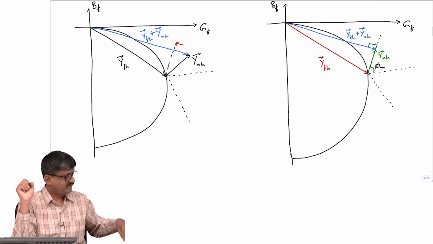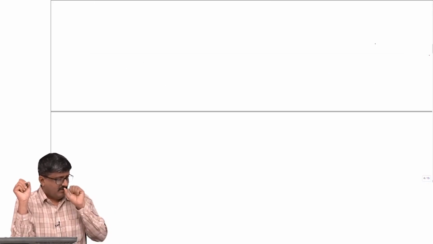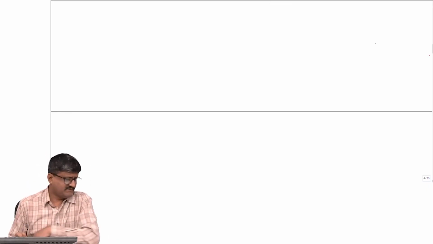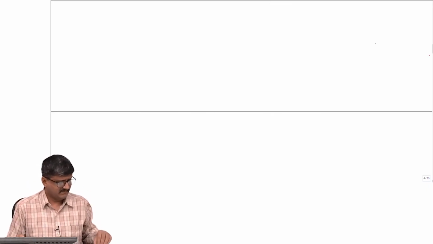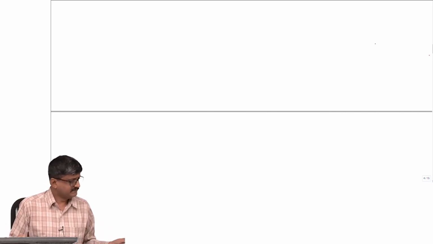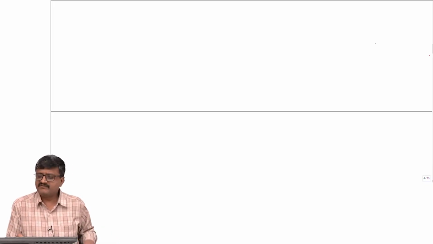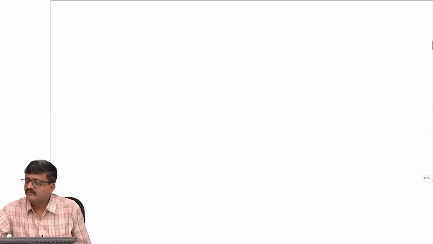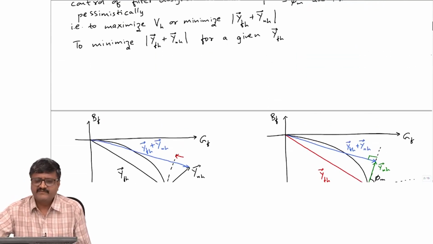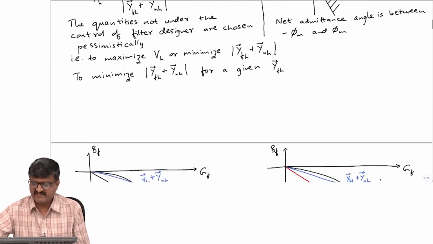Okay. Fine. Okay. Now, please note what we have done here is chosen the value of y n h pessimistically, that is the worst case value.